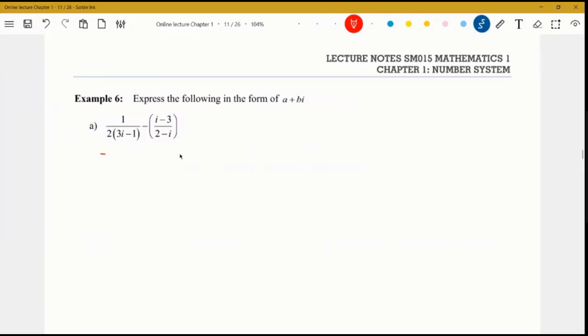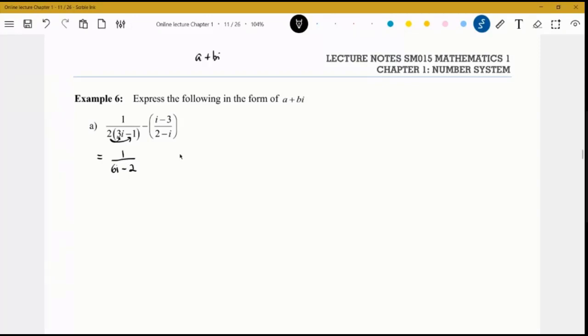Untuk soalan ini, saya expand dulu 2 ni masuk dalam bracket. Okay, kita simplify dulu supaya mudah untuk kita buat rationalizing nanti. Okay, so 1 over 6i minus 2. Tapi yang kita tahu, kita perlu ubah pada bahagian bawah ni in the form of A plus Bi.